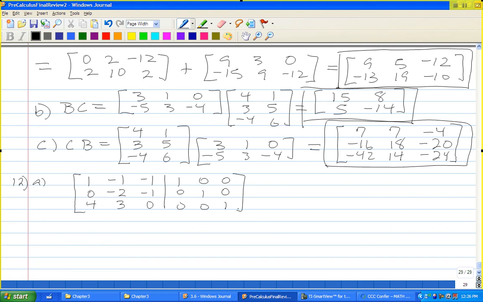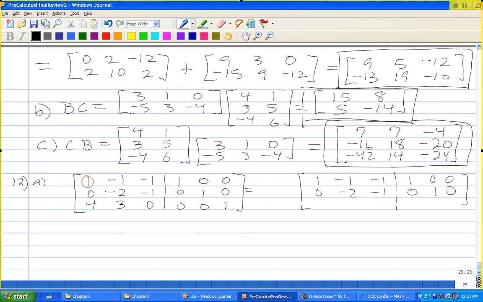And now let's pivot. And so this is equal to 1 minus 1 minus 1, 1, 0, 0. Okay, do nothing there. 0 minus 2 minus 1, 0, 1, 0.